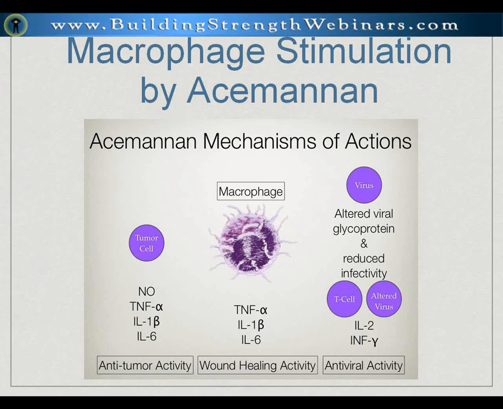And then you have the third alternative with altered viral glycoproteins, which end up exposing more of the mannose to macrophages and these other mechanisms of interaction. And you end up with production of interleukin-2 and interferon gamma, which again is an antiviral activity, and it ends up destroying the surface of these viruses and makes them less infective.